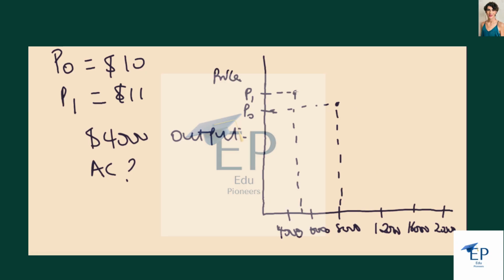And then if you trace this over here, it should look like this. And this goes to 20,000. LRAC.